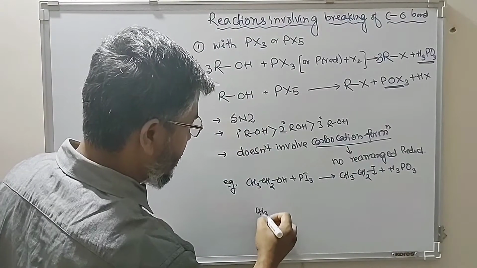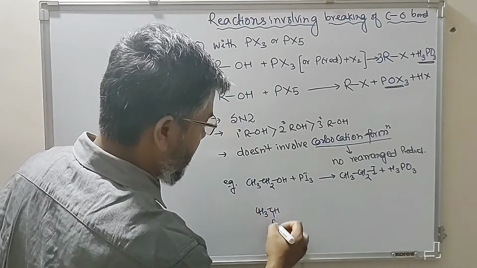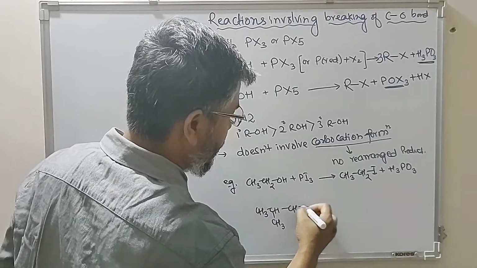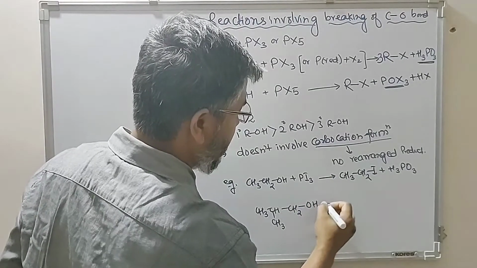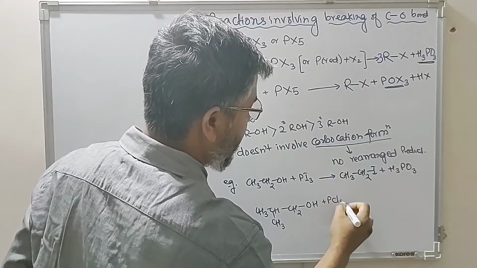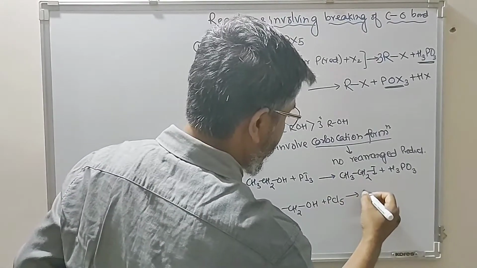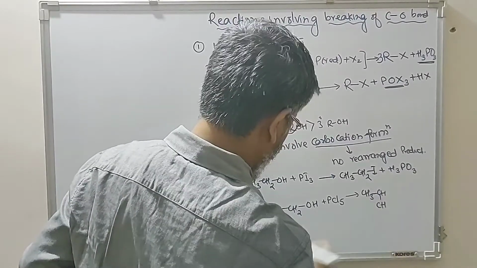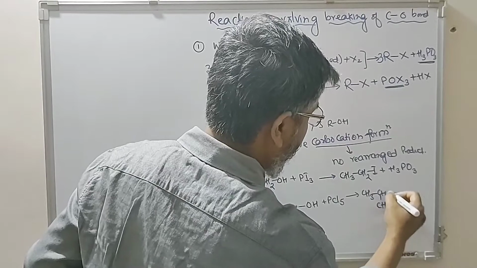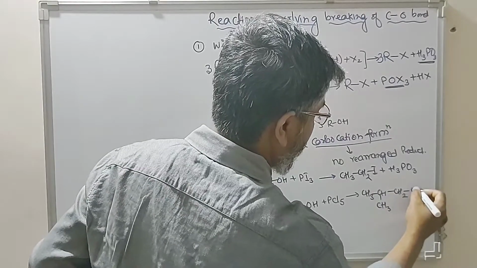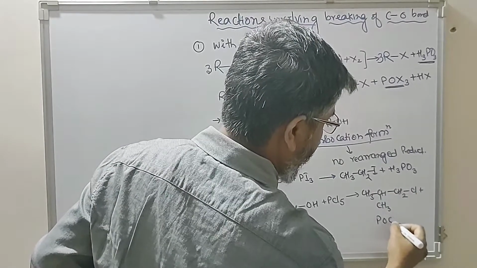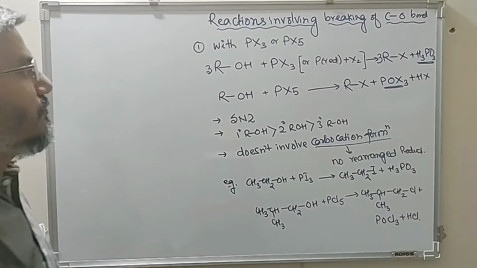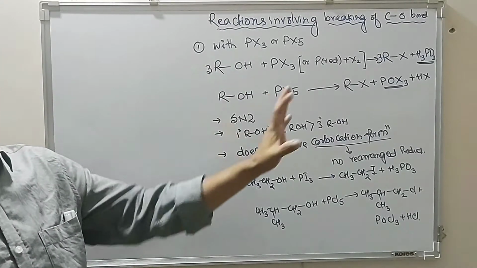Take this reaction, CH3CH2OH with PCl5. This gives you CH3CH2Cl plus POCl3 plus HCl. So this is the reaction of alcohols with phosphorus halides.